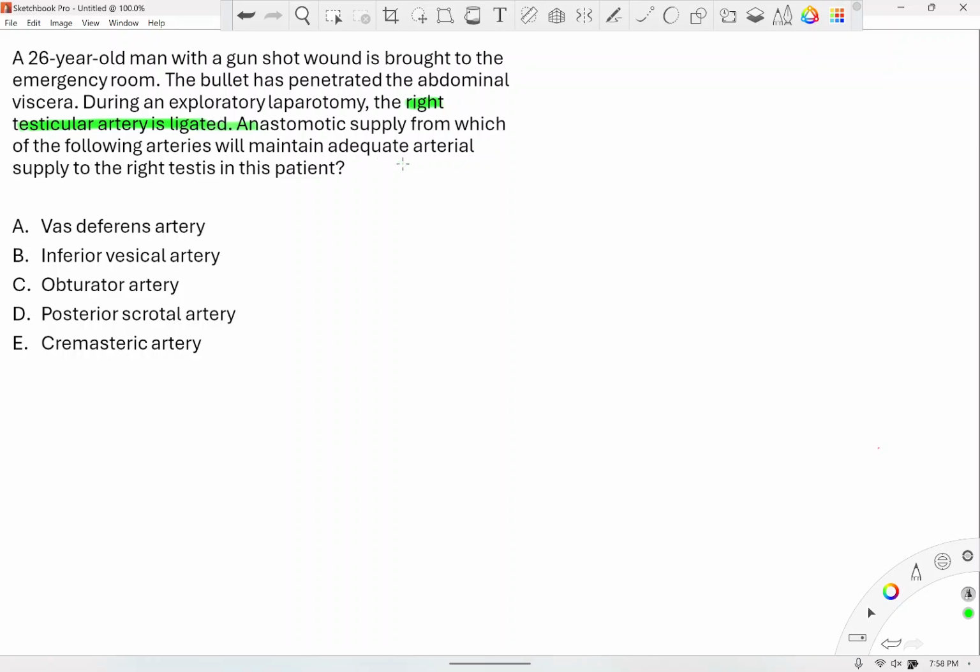They simply want to know which artery that is. Which of the following will maintain adequate supply to the testes in this patient? So there's anastomosis. All right, let's do this. Let's draw the aorta, just to make it a little bit easier. So this is the aorta.